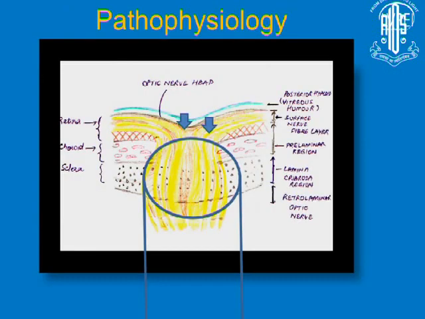So what is the pathophysiology? The pathophysiology in patients where there is not a raised ICT is slightly different. If you look at the ultrastructure diagram of the optic nerve here, we see all the optic nerve fibers coming out at the optic nerve here, and within them there is the axoplasm.